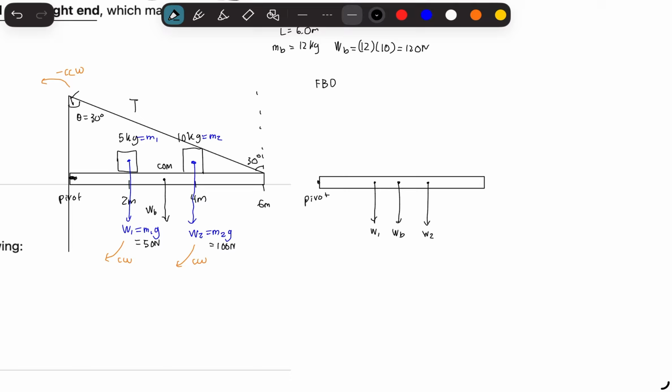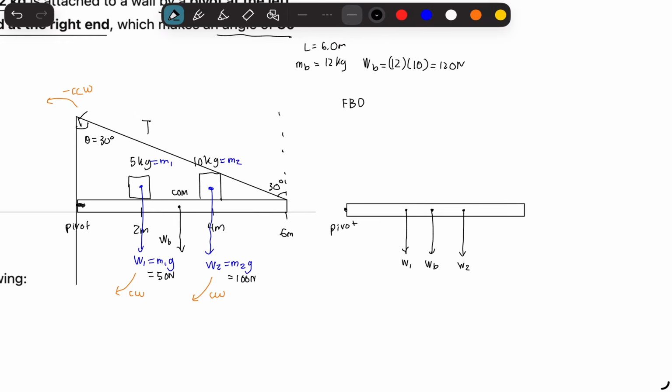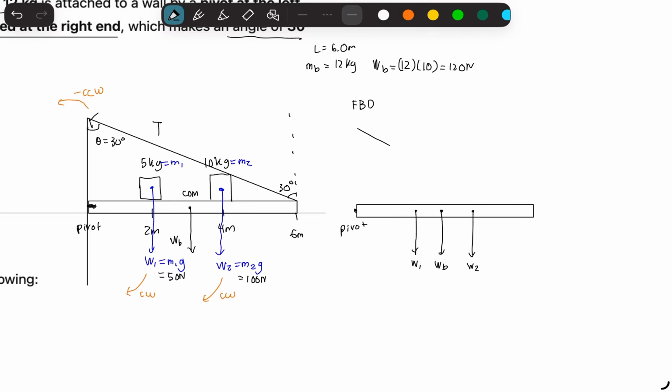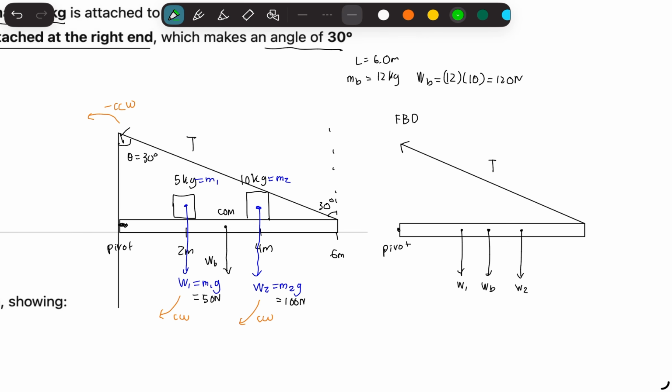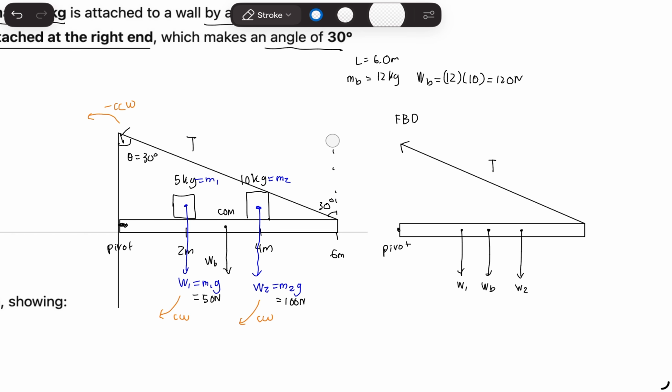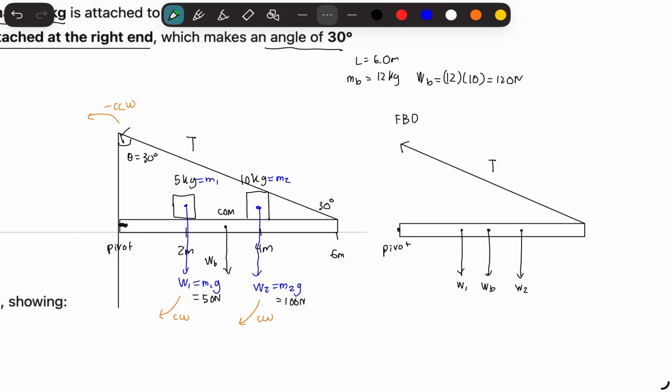Your tension force at 6 meters angled at 30 degrees, on the official test, you would not break it into components. So you would have your T here, but here you would have a Ty and a Tx.